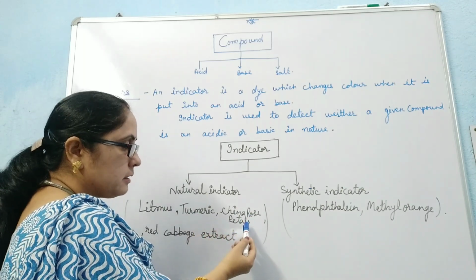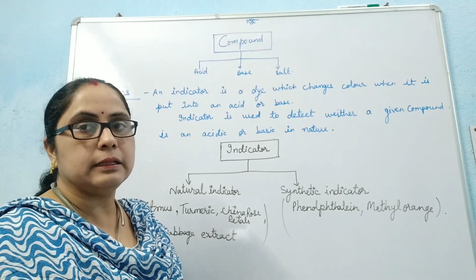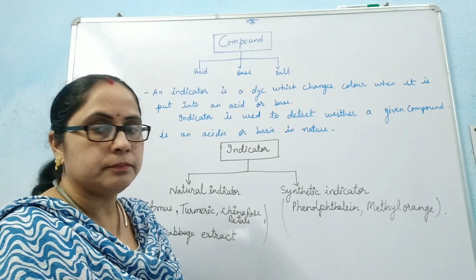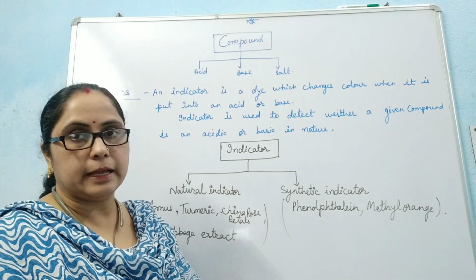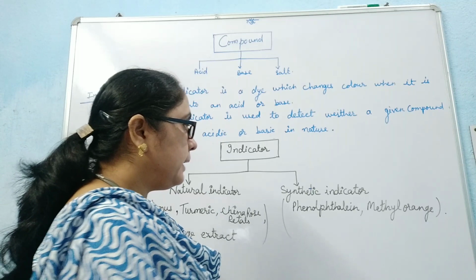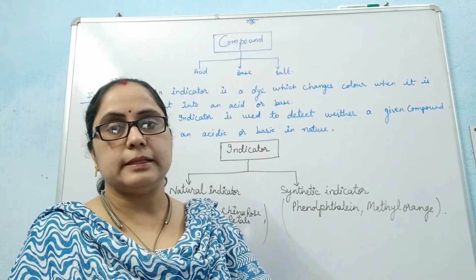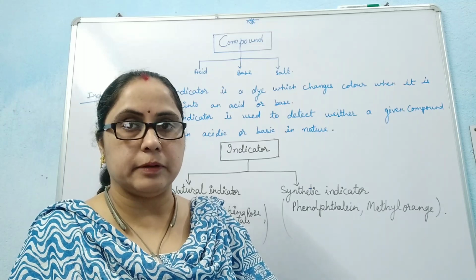China rose petals are also natural indicators, changing the color in acidic or basic solution. And red cabbage is also a natural indicator. Synthetic indicators are those which we can synthesize or prepare in the laboratory.